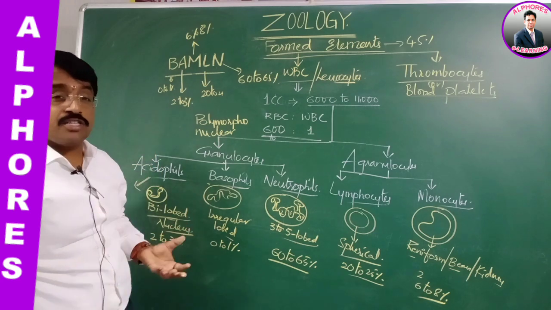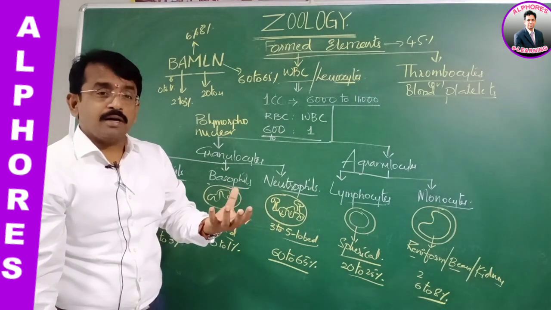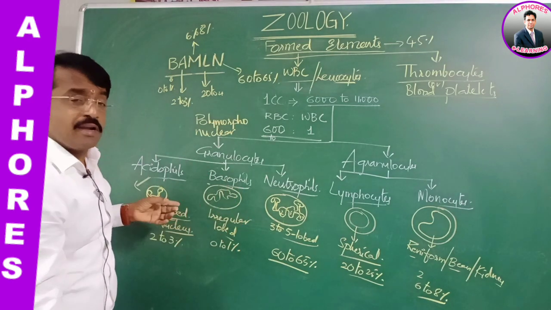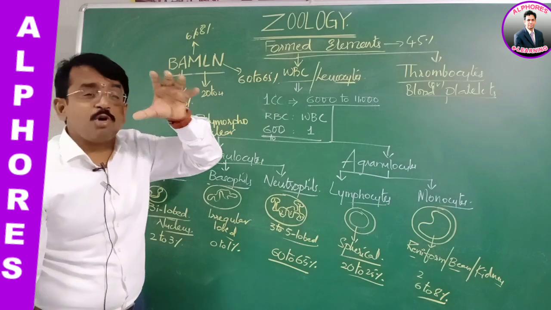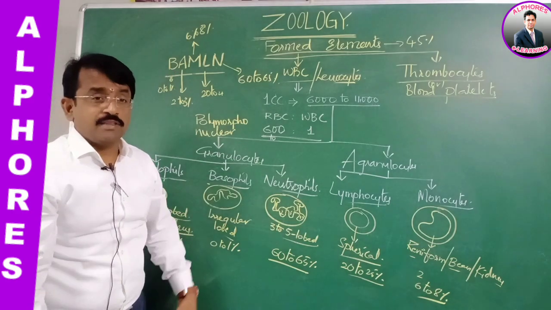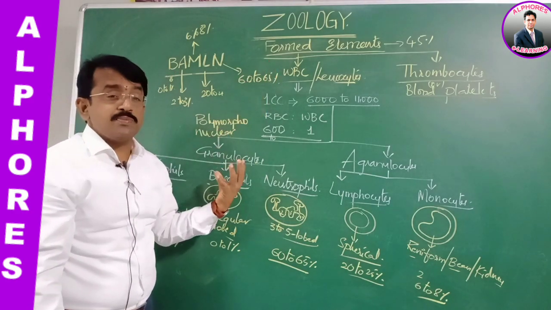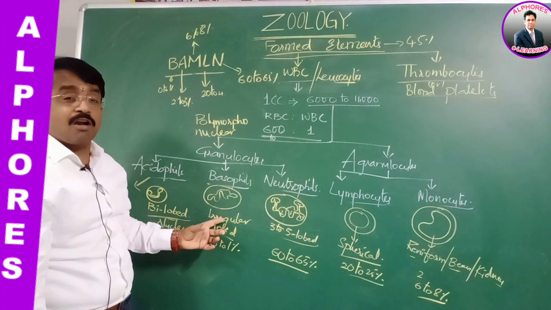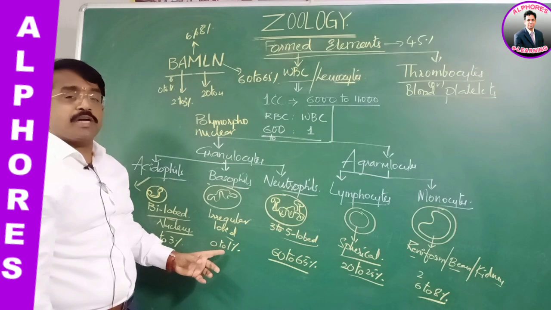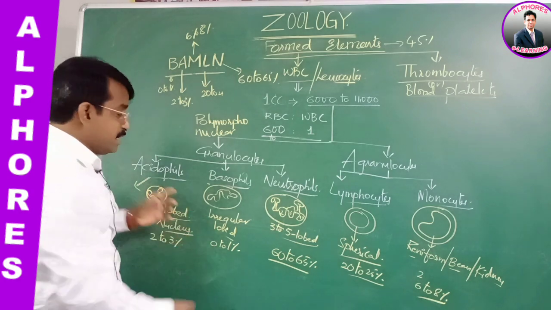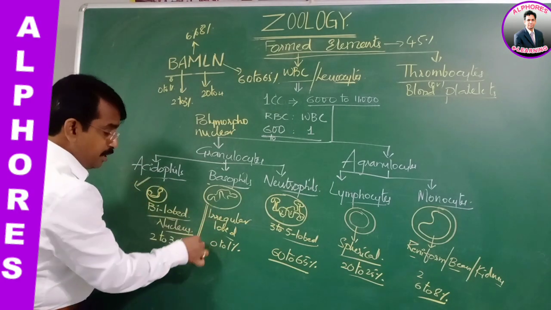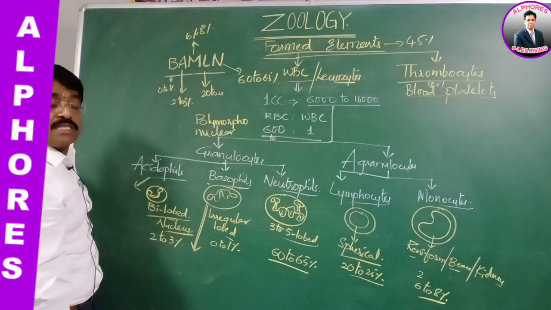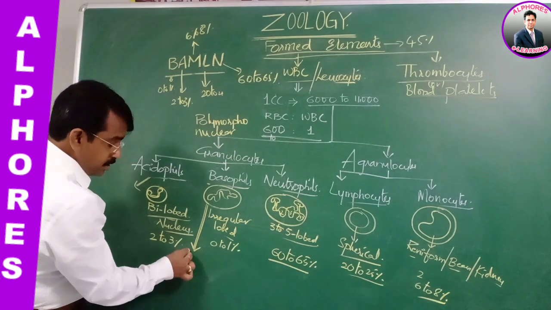When somebody has an allergy, sneezing, snorting, where the acidophil number increases, it is a kind of exaggerated immune response. That is, our immune cells, blood cells increase. Basophils are irregularly lobed. They are 0.3 to 1%, and these are considered to be similar cells to the mast cells.